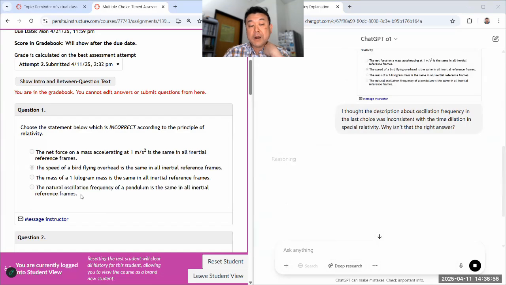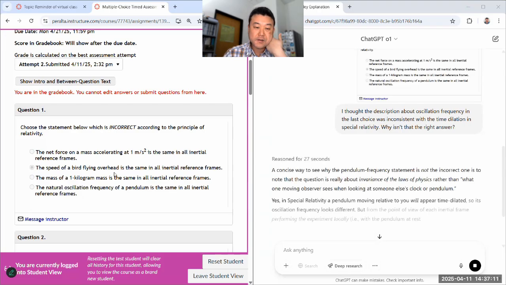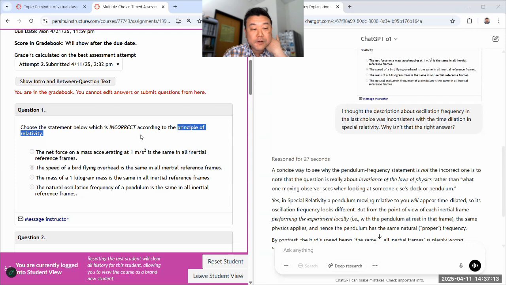Because I guess the proper time is, but if the pendulum is moving relative to you and you try to measure its frequency, yeah, it's going to be time dilated. It's one of the consequences of applying the second postulate of special relativity. Oh, you know what? It says principle of relativity, not postulate. That could be another reason.